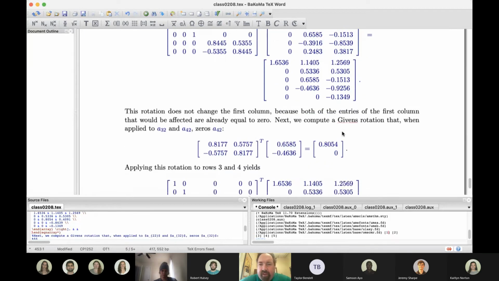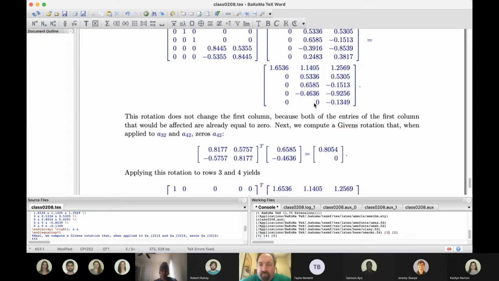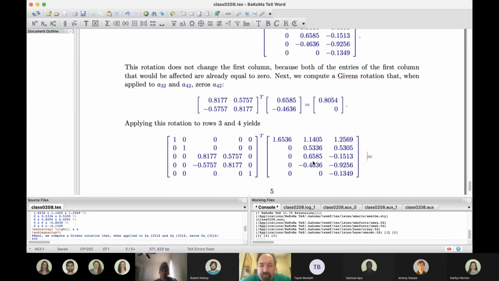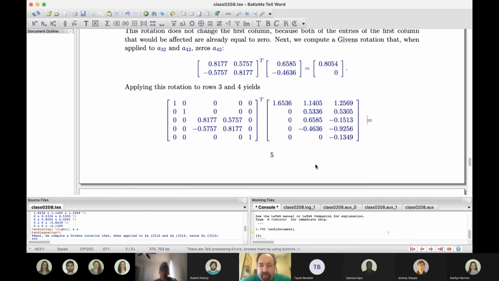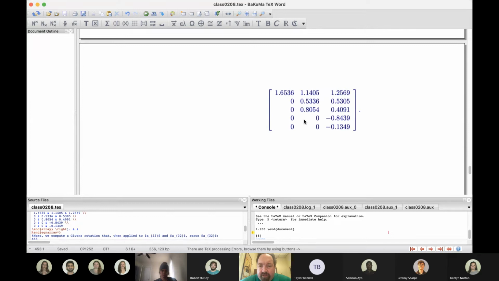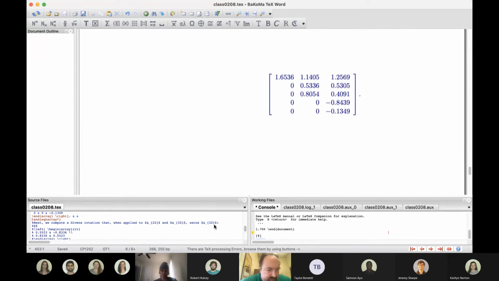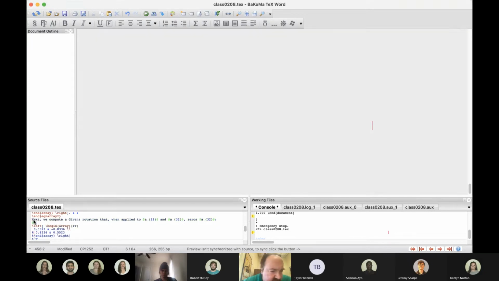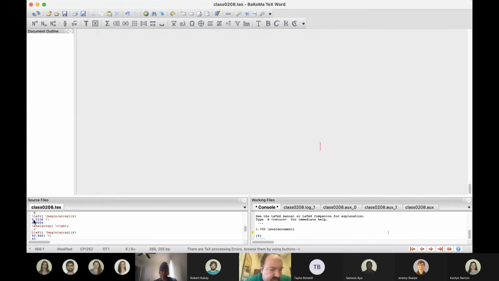All right, so after working on rows 4 and 5, then rows 3 and 4 to wipe out this entry. So we're making progress up the second column, and then one more entry to finish off the second column.